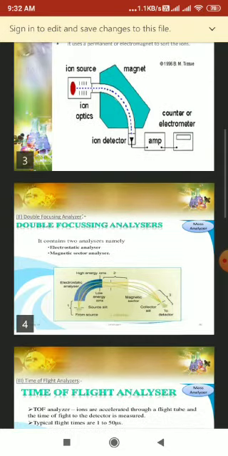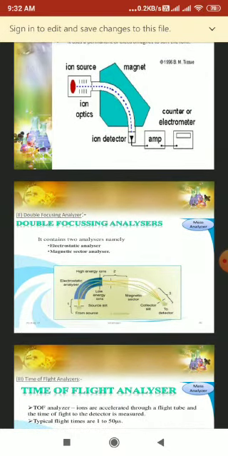To achieve better focusing, energy has to be reduced before ions are allowed to enter the magnetic field, and increased resolving power can be obtained by using two mass analyzers in series.